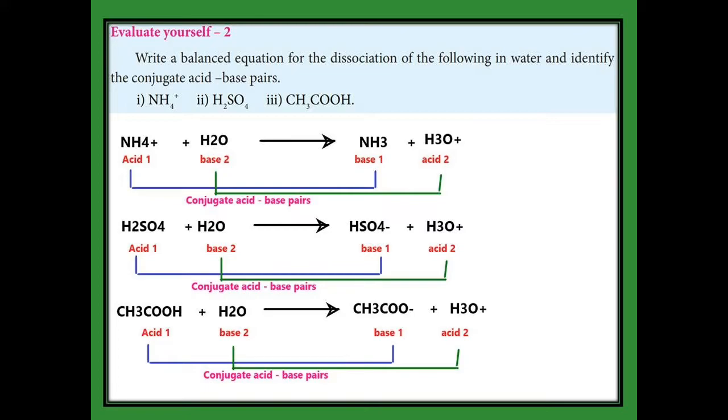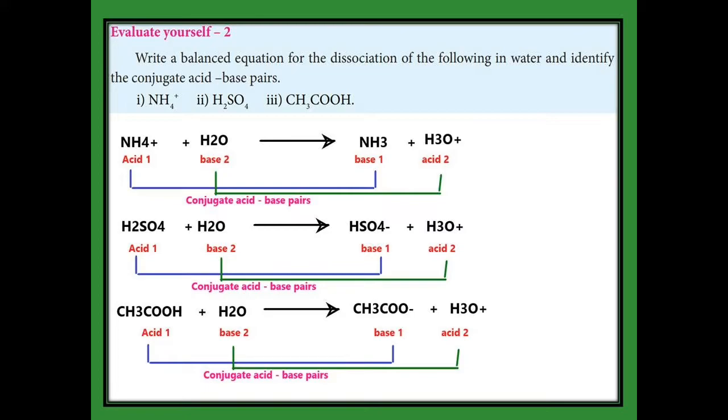The next example, sulfuric acid. Sulfuric acid in water gives one H plus to water, so the water becomes H3O plus. Now the conjugate pair is H2SO4 and HSO4 minus. These two are an acid-base conjugate pair. Then water and hydronium ion is another conjugate acid-base pair.